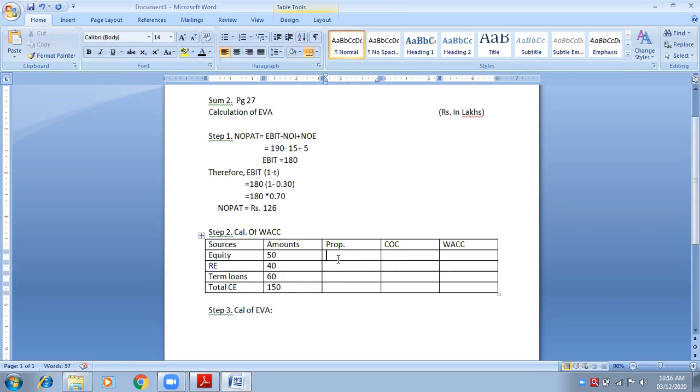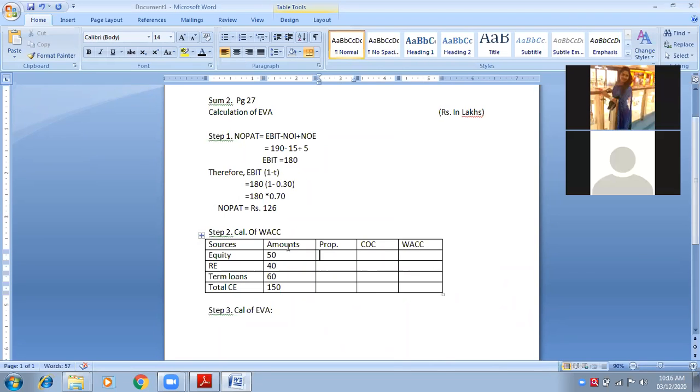Okay. Now proportion. Can you tell me how proportion is calculated? Do you remember? What was the formula of calculating proportion?